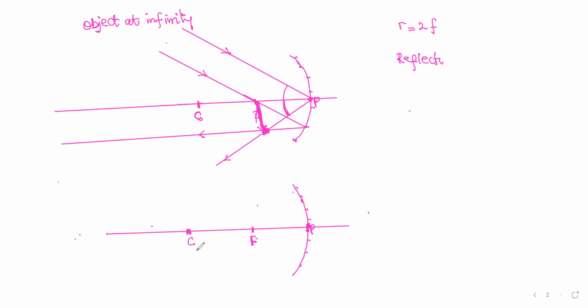So C is here. Once the object is at infinity, the lines coming to the mirror must come in that parallel manner.